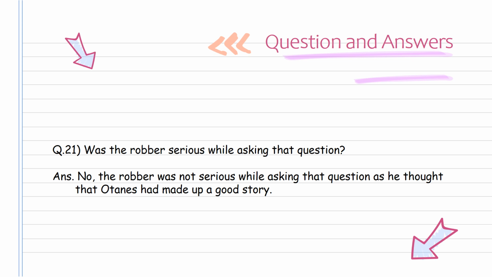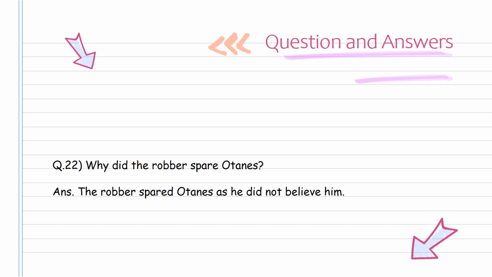Question 21. Was the robber serious while asking that question? No, the robber was not serious while asking that question, as he thought that Otanes had made up a good story. Question 22. Why did the robber spare Otanes?